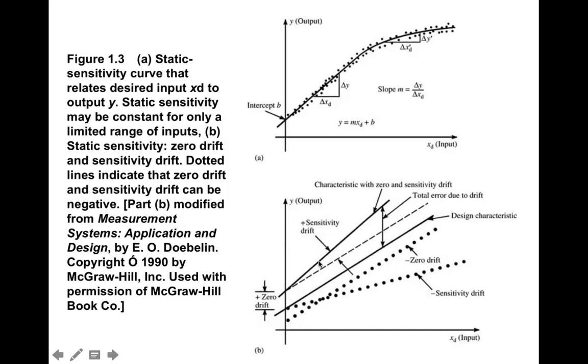If you have a change in that sensitivity and a change in the zero drift, then you would see that you have an offset, and then you have kind of a change in that slope. So it basically means you have this error, but then how sensitive you are to the error is changing with respect to your input.